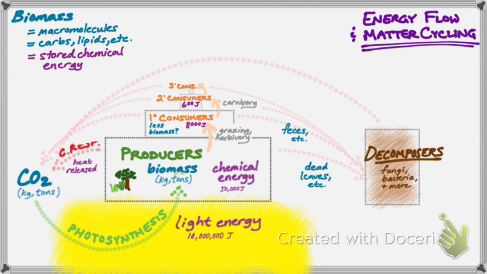Okay, let's put this all together and simplify this diagram. When we have organisms just surviving and perhaps eating the trophic level below them, some of the mass that they eat, some of the energy that they're absorbing, is going to be lost as waste, as feces typically.